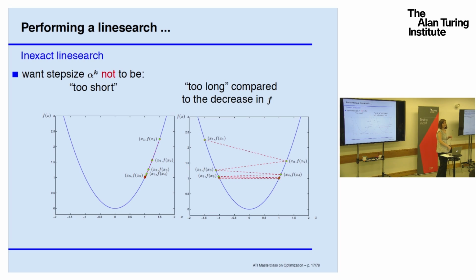What you do is something called inexact line search. And as your colleague has just said, we want two things. We don't want the step to be too small, and we don't want it to be too large. Here's a simple quadratic. I start here, and I have a step here. You're telling me, I know my property of descent.